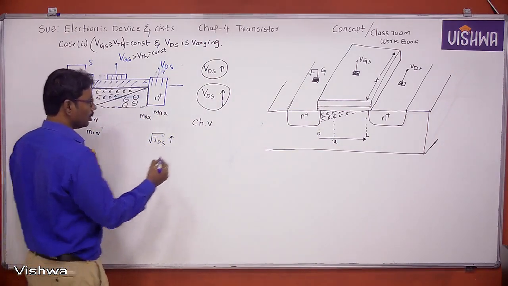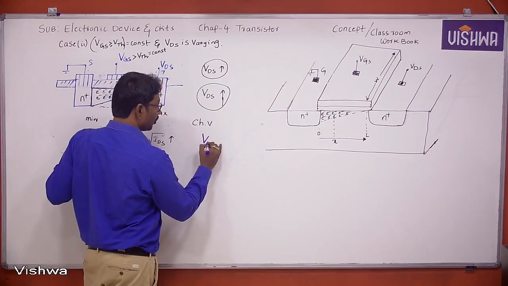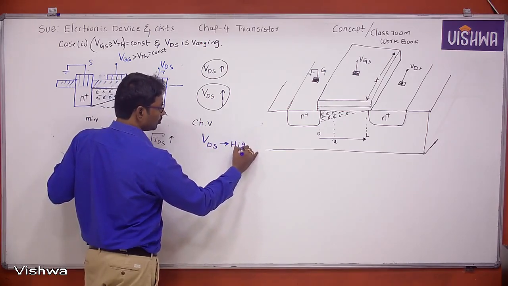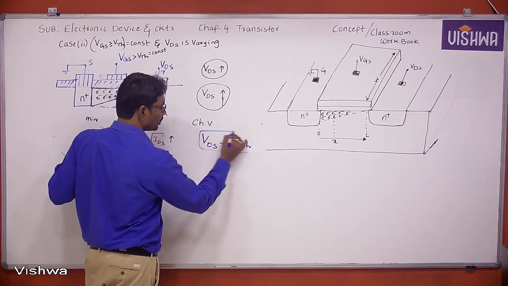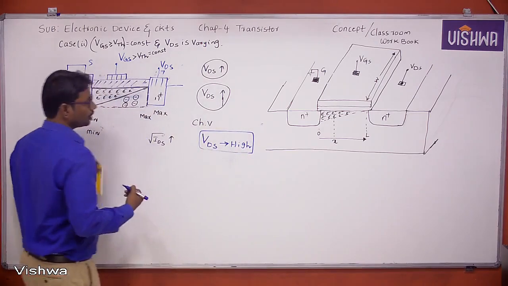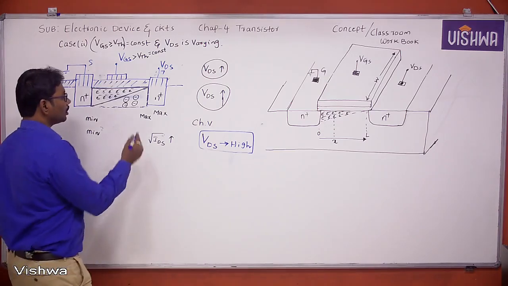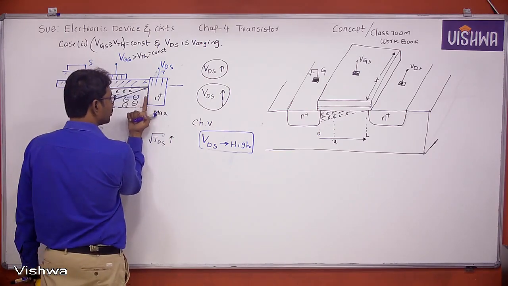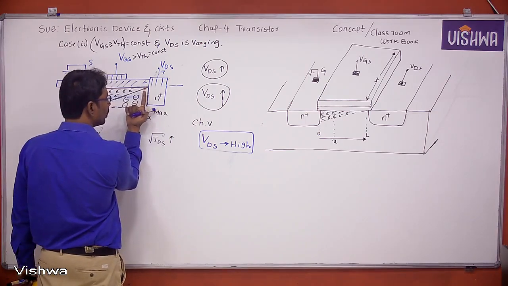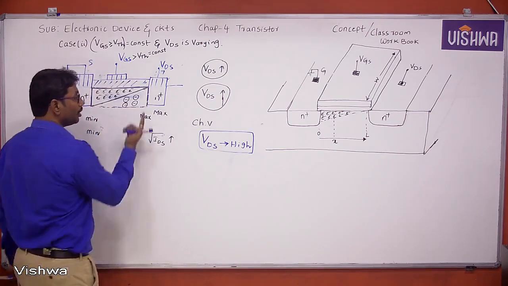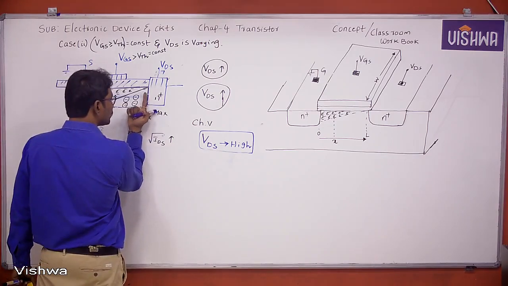Next, the third point: when VDS is made very high, what happened? The channel at the drain end is almost zero, which means the channel is said to be pinched off at the drain end.